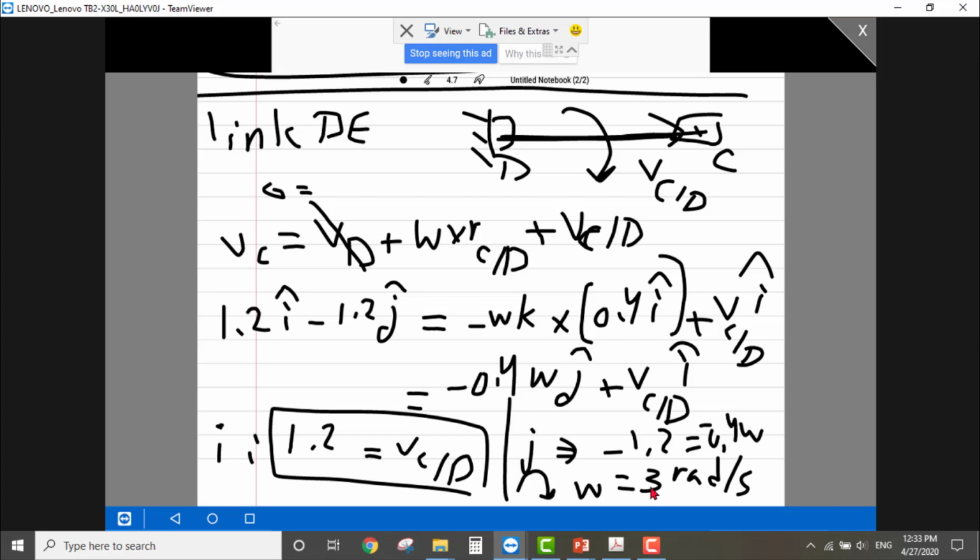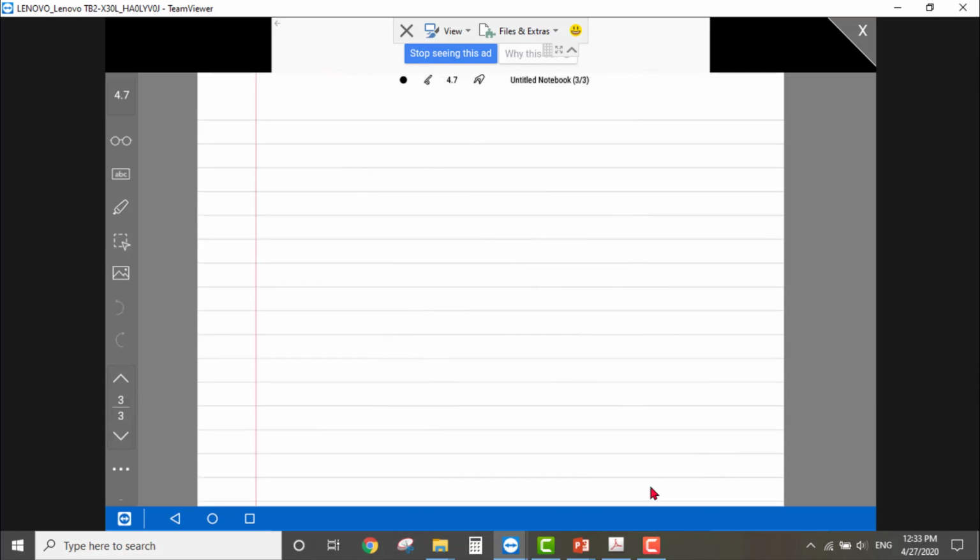Now let's move to the new equation, which is the acceleration equation for this link.